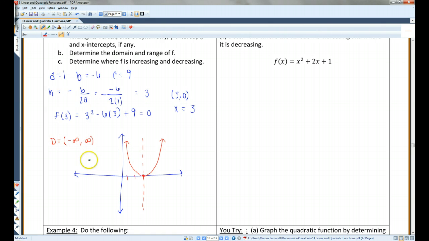Any quadratic, the domain is always going to be all real numbers. The range is from 0 to infinity. Determine where f is increasing and decreasing. It is increasing from 3 to infinity, and decreasing from negative infinity to 3.